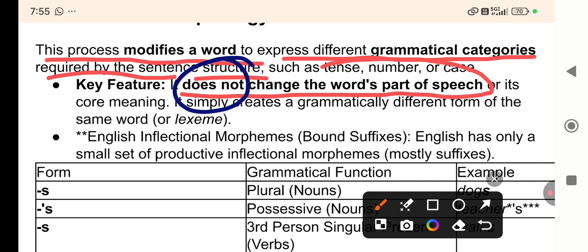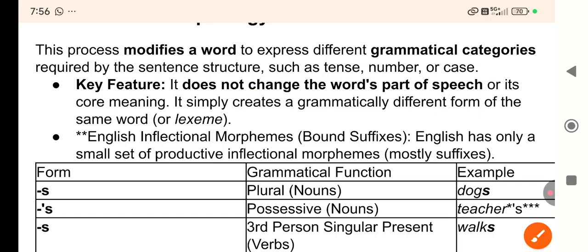Suppose you change the tense, then the part of speech will not change. Walk, walked. Both are verbs, right? If you change the number, book, books, both are nouns. If you change the case, she or her, both are pronouns. This change is called inflectional, right? It modifies a word to express different grammatical categories.